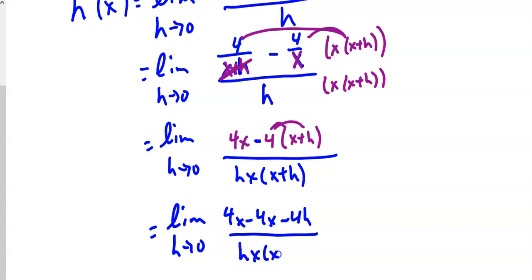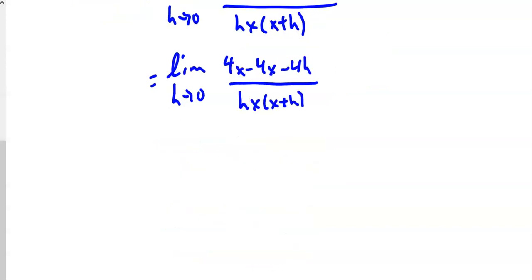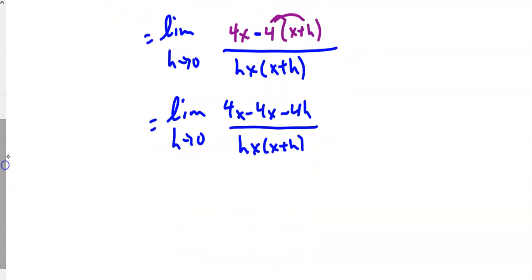And again, I'm still not going to distribute in the bottom. I'm going to kind of take the wait and see approach. The 4x's cancel. And then hopefully you even see here that this h would cancel with that h. So I would be left with negative 4 and then everything on the bottom. So I'd have the limit as h approaches 0.